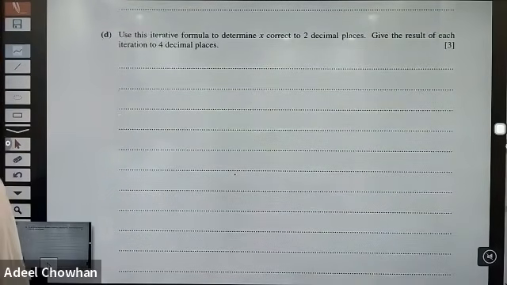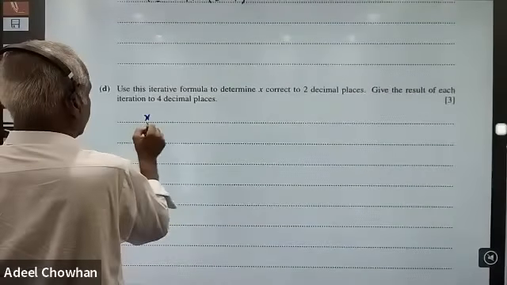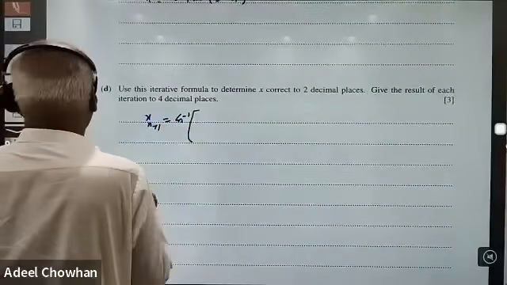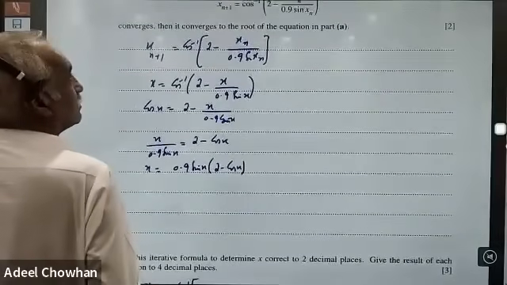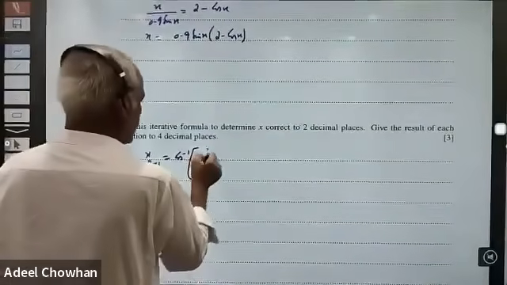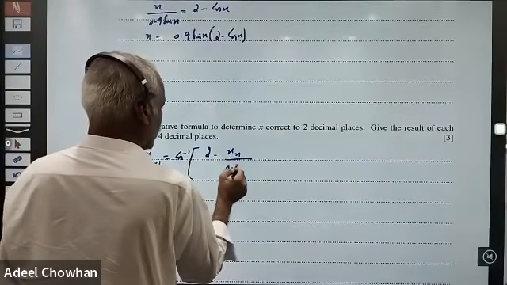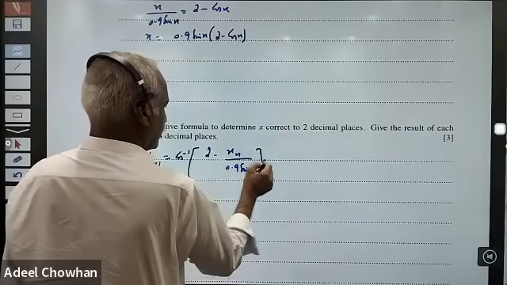Use this iterative formula to determine X correct to 2 decimal places. Give the result of each iteration to 4 decimal places. So our iteration formula is X n plus 1 is equal to cos inverse of 2 minus X n over 0.9 sine of X n.